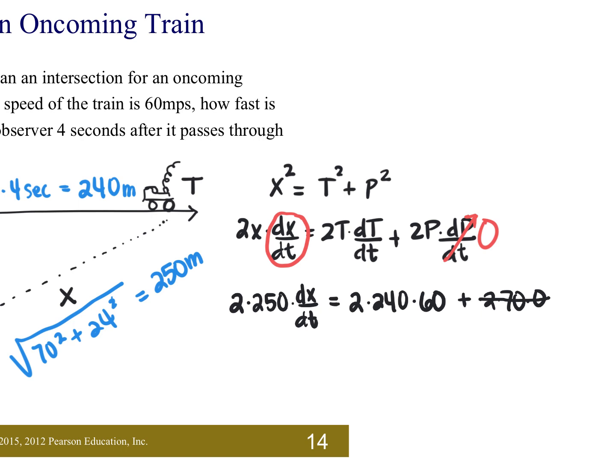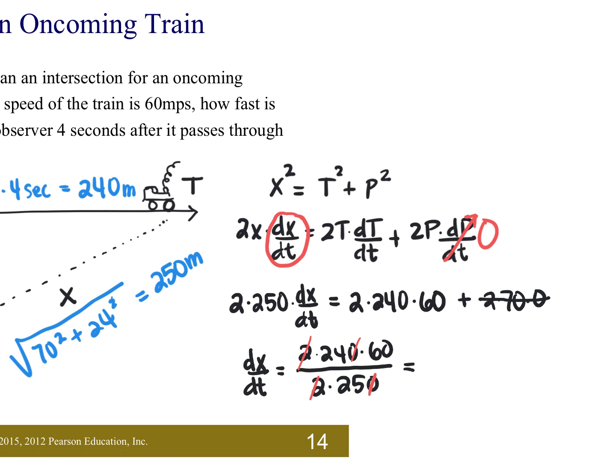Okay, and then we can simplify to solve for dx/dt. So my numerator would have a 2 and a 240 and a 60. My denominator would have a 2 and a 250. I can reduce the 2's. I can reduce the 0's by a factor of 10. I can reduce the 25 and the 60. You can just do all that with your calculator.